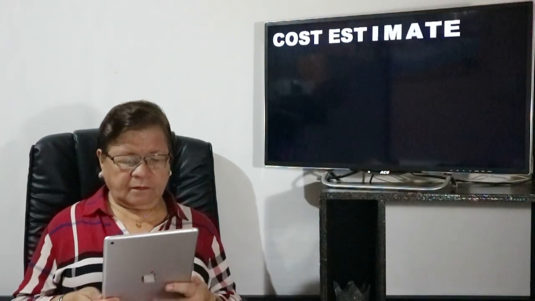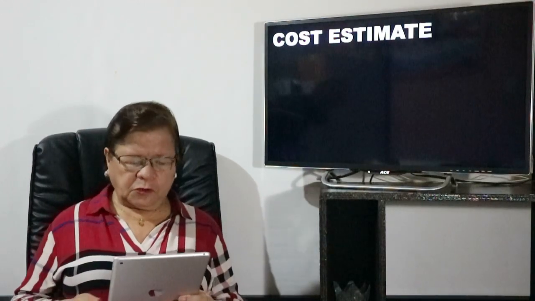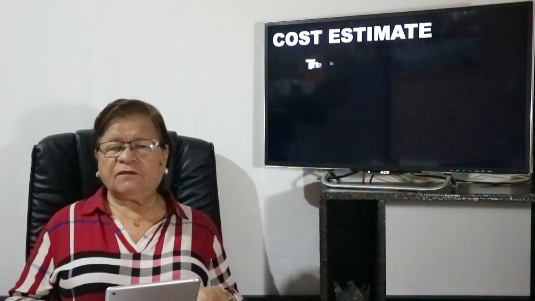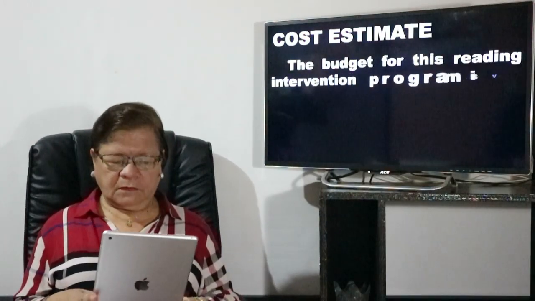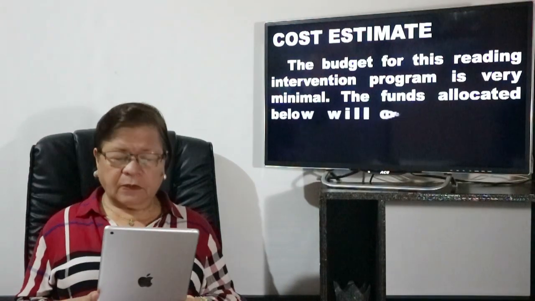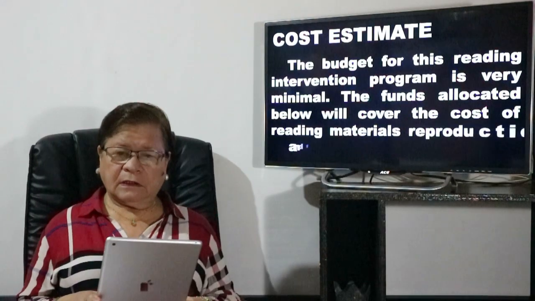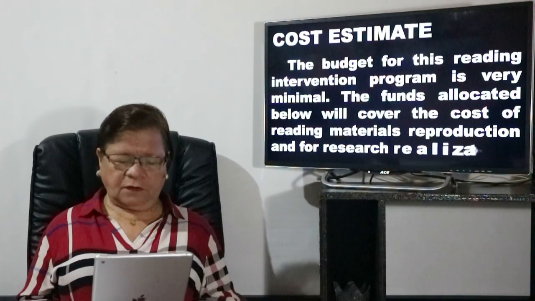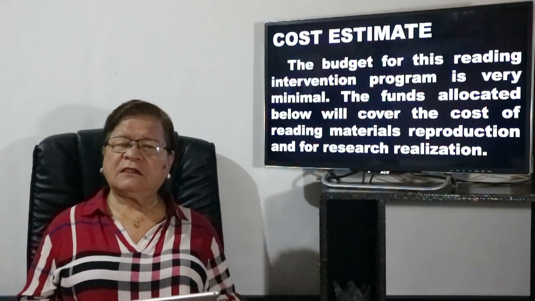Next is the cost estimate. What is the cost estimate in an action research proposal? This involves the budget for this reading intervention program, which is very minimal. The funds allocated below, as stipulated in a chart, will cover the cost of the reading materials, reproduction, and research realization.